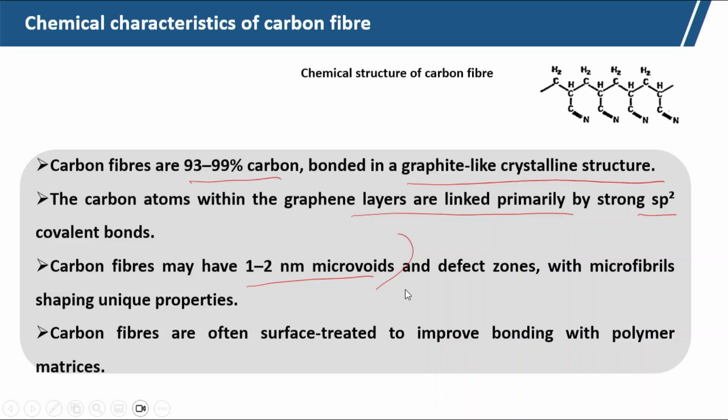And carbon fibers are often surface treated to improve bonding with polymer matrices. So, we can give the carbon fiber some surface treatment to improve the cohesion with the polymer, if we use it as a reinforcing material with some polymeric material like polypropylene or some other matrices.